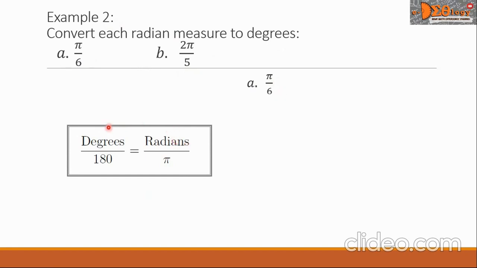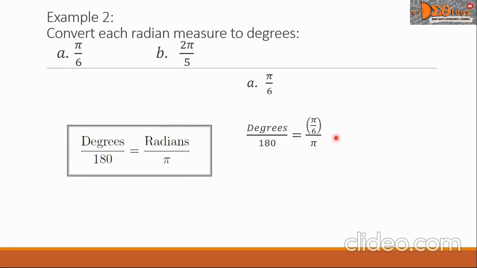We're going to write again this formula, but on this portion of the radian, we will substitute the value pi over 6. So we have now here degrees over 180 equals that value pi over 6 all over pi.